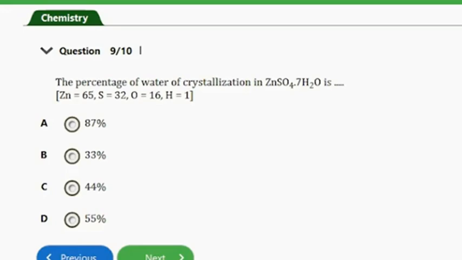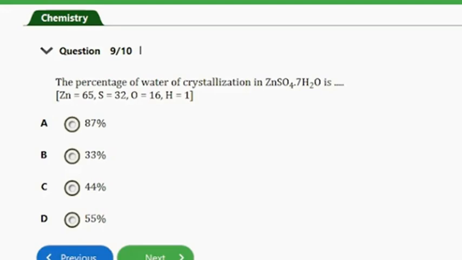You also have to calculate the molecular mass of these 7 molecules of water. So the percentage of water will be the molar mass of the water over the entire molar mass of the compound, then times 100. We can actually do this together here.